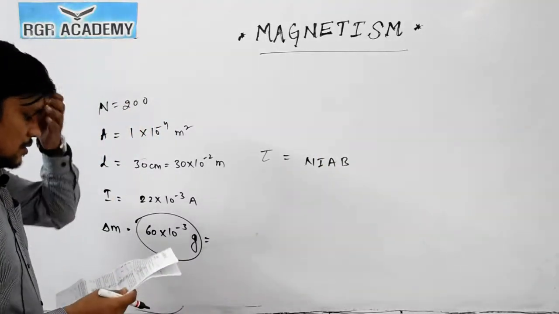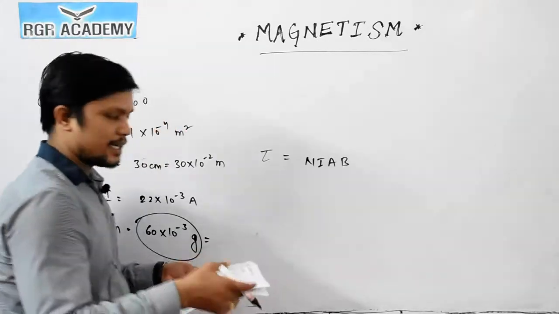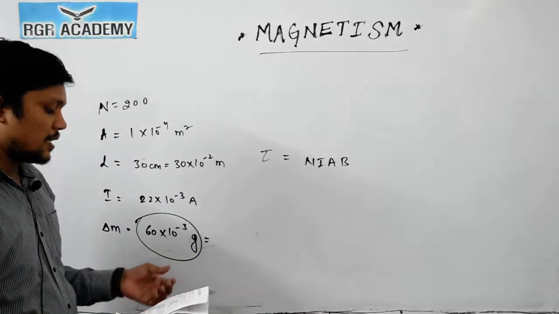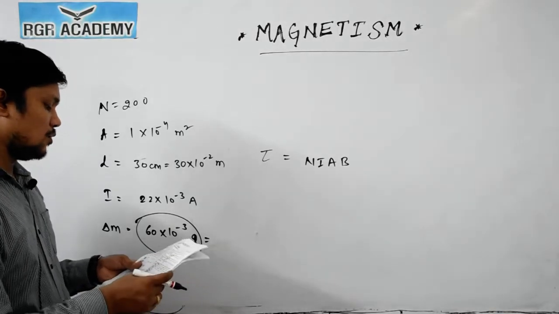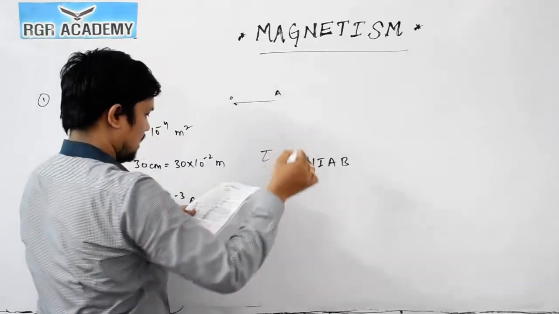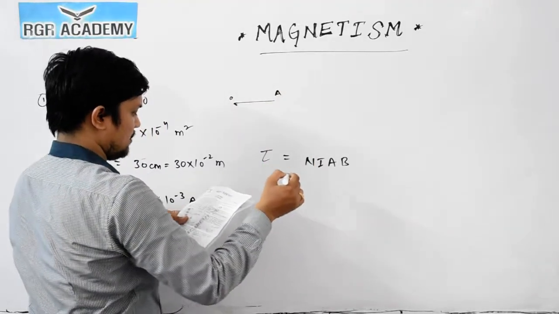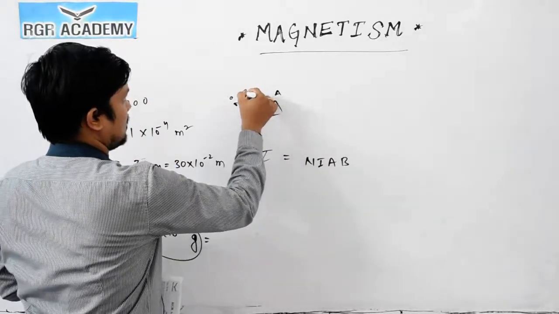This torque will be balanced by the torque of the external weight that we are putting here. The external weight is delta mg into length, where the length is that of the OA arm, 30 centimeter.